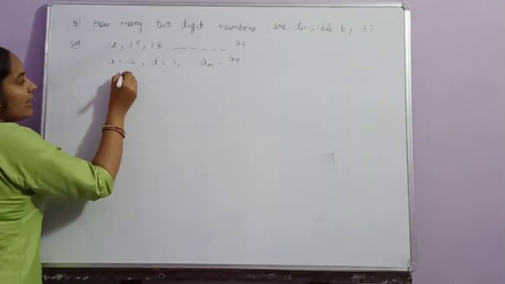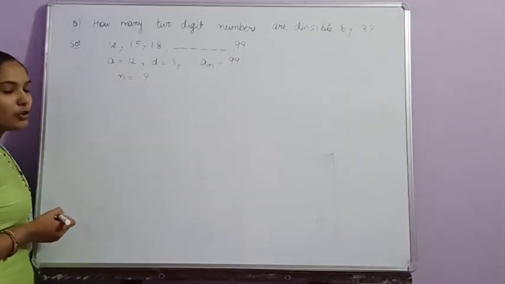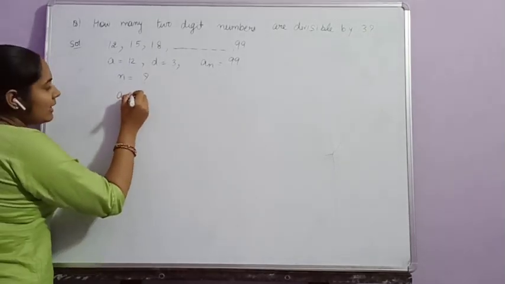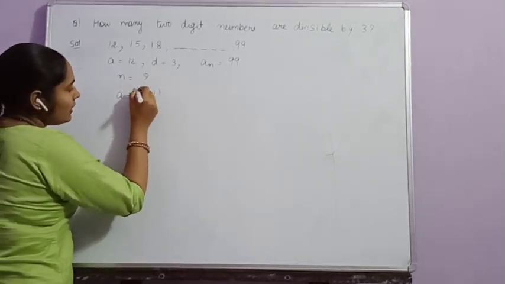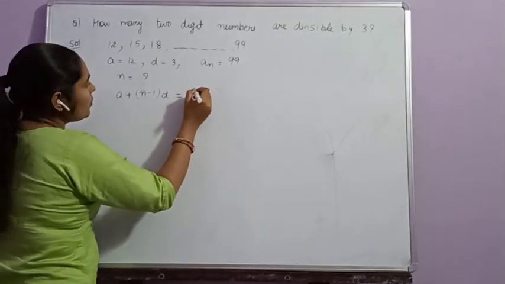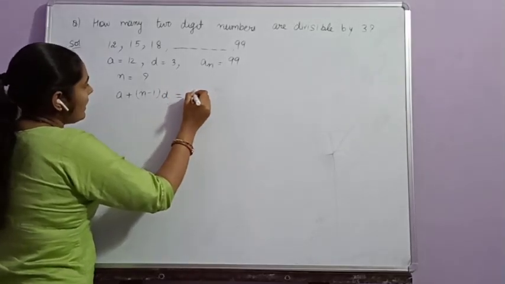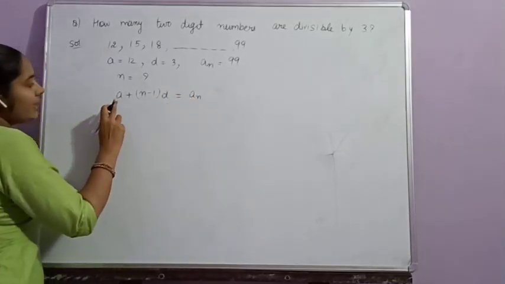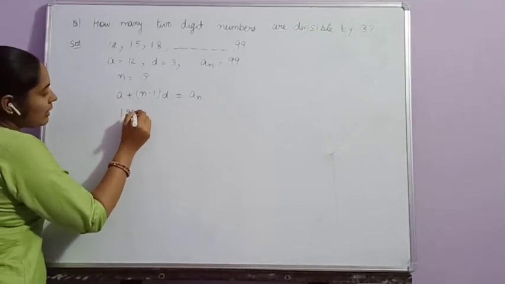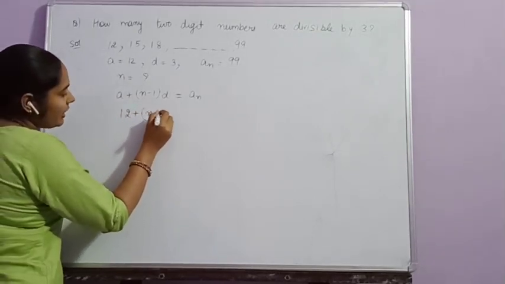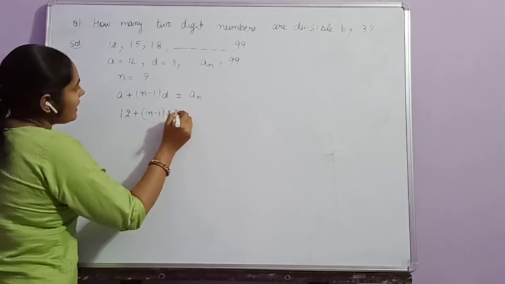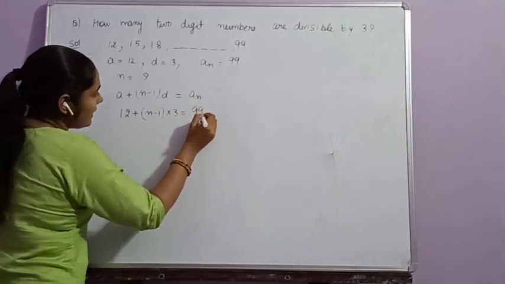We have to find the value of N, and we know that An is equal to A plus N minus 1 into D. Here A is equal to 12, N we have to find out, and D is 3, and An is 99.